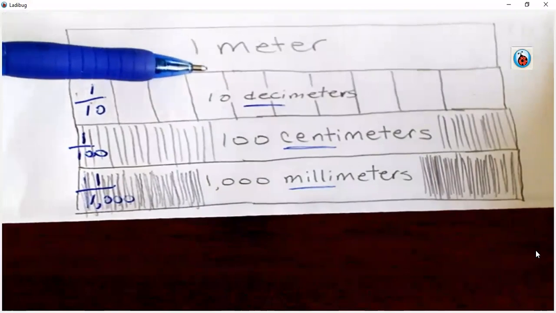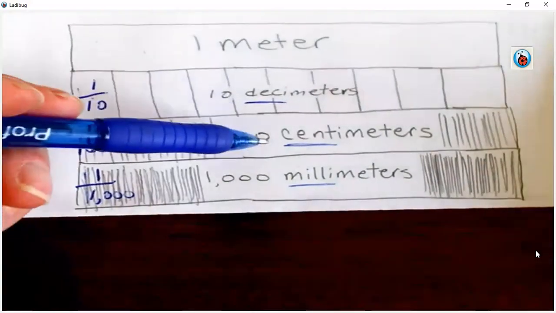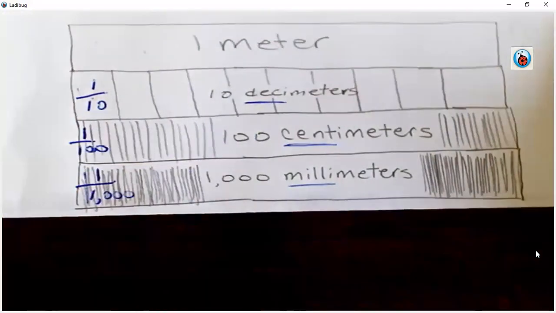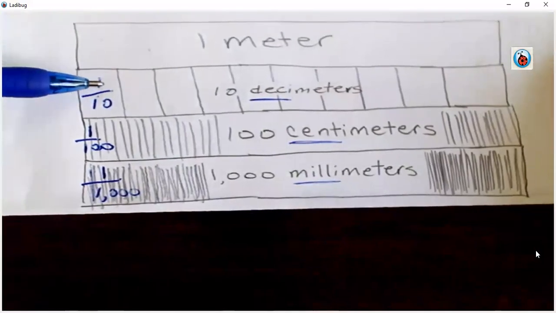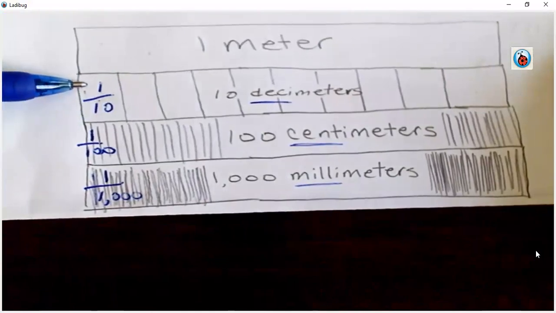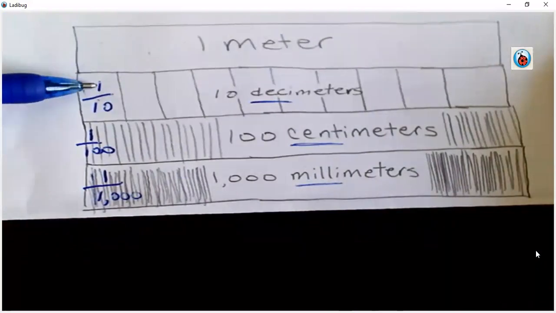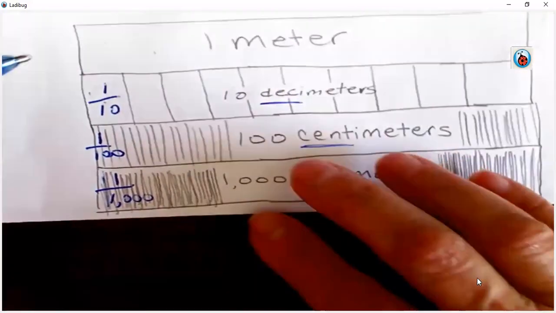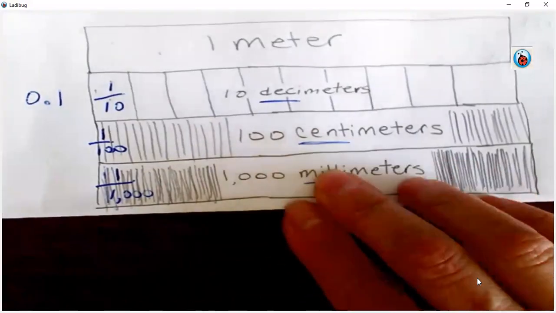Okay, so we are going to look at measurements and conversions using decimeters, centimeters, and millimeters. I'm going to show you a couple of different ways to do that. The first thing I want to show you is that 1 decimeter is 1/10 of the meter. So this is what it looks like as a fraction, and this is what it would look like as a decimal number.